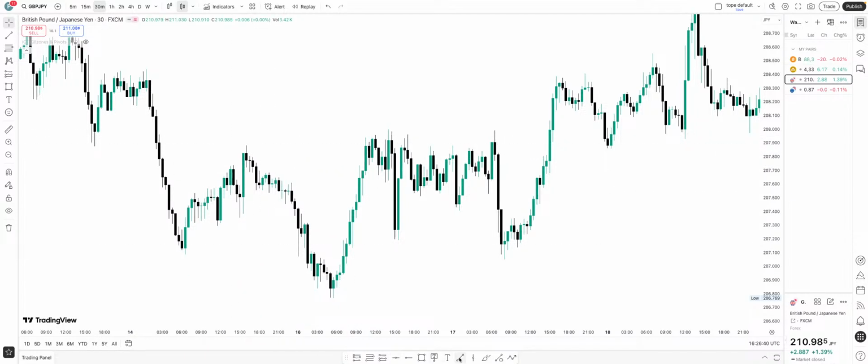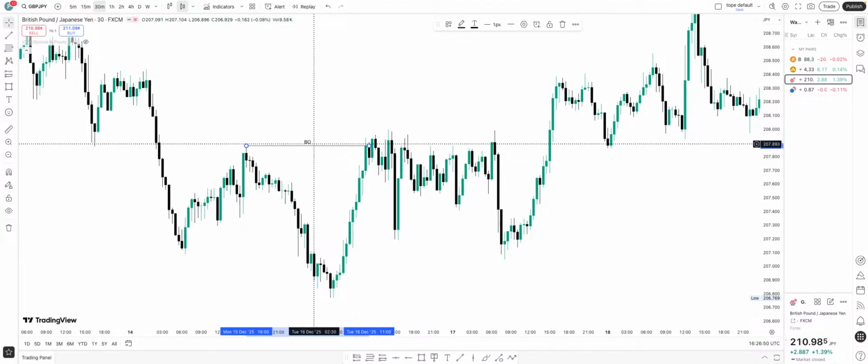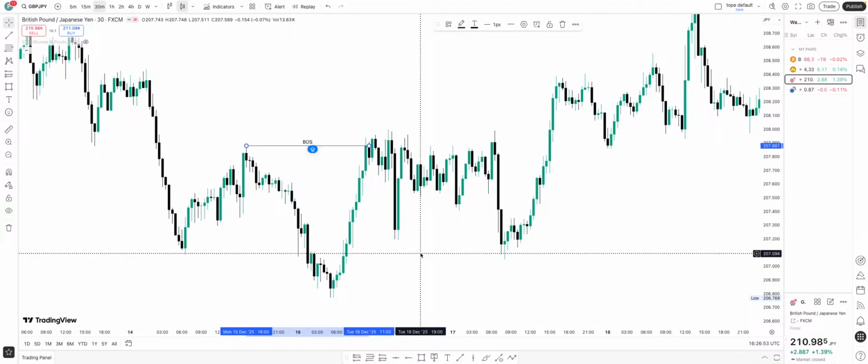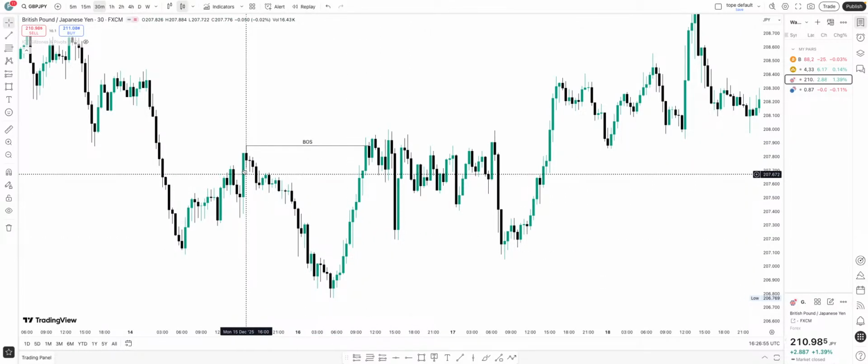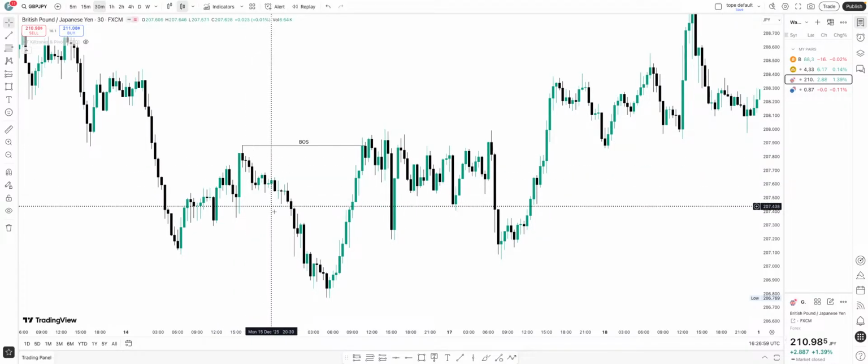Let me mark it out for you guys. You see, this is a break of structure right here. So, where is our order block? Before we broke this structure here, we had this selling momentum.